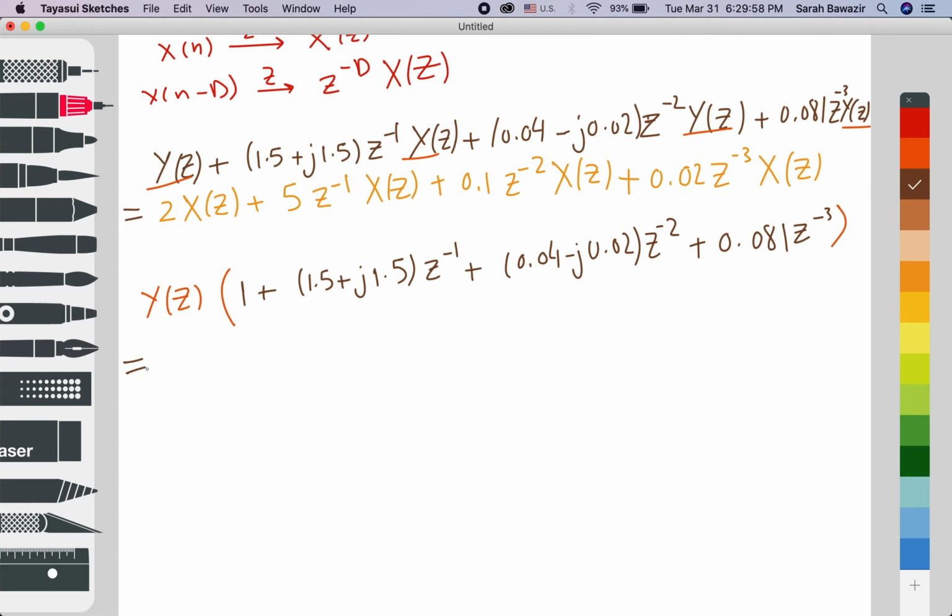What about the right-hand side? Let's see. What is in common here? X of z is in each term. So we take X of z as a common factor.